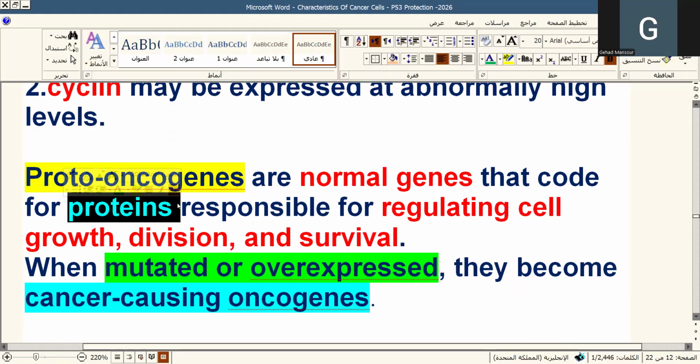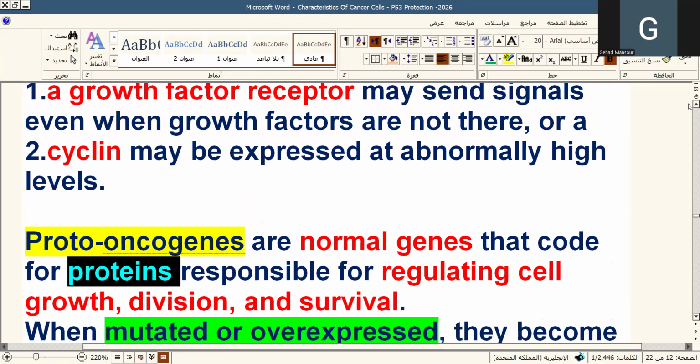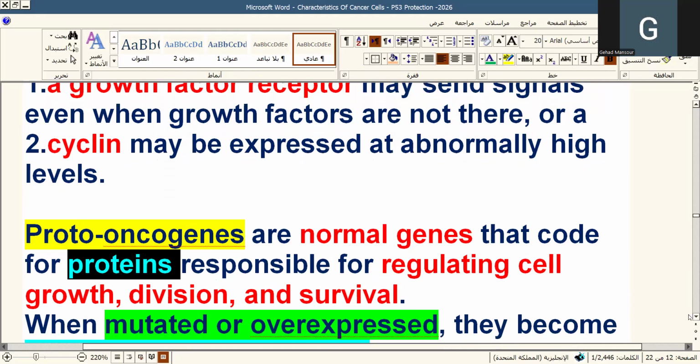But we know that the cell cycle regulators might be positive regulators or negative regulators. Suppose we are taking the example of the positive regulators, like the growth factor or the cyclin. So the normal genes that code for the growth factor receptor or for cyclin are called proto-oncogenes.